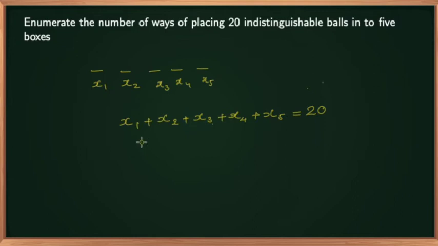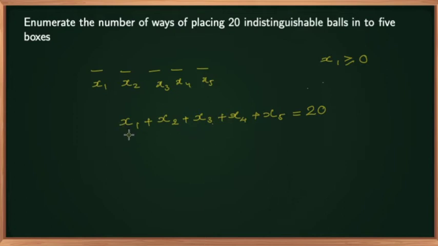Non-negative integral solutions for this equation, which means the idea of that question is you can have only values for x1, x2, etc. greater than or equal to 0. That is the meaning of non-negative integral solution for this equation, right?